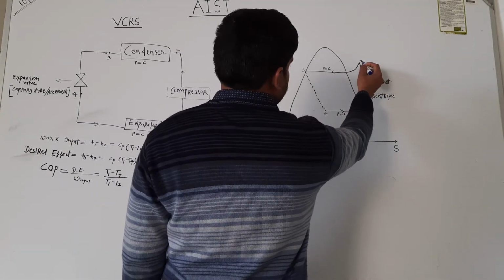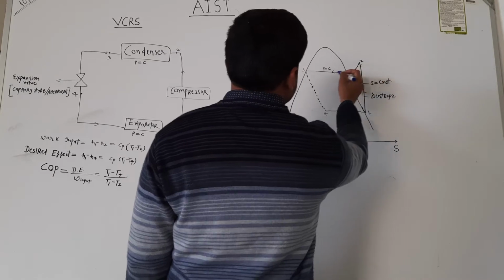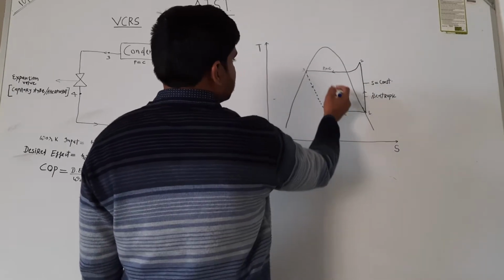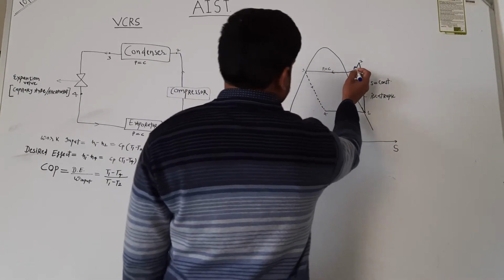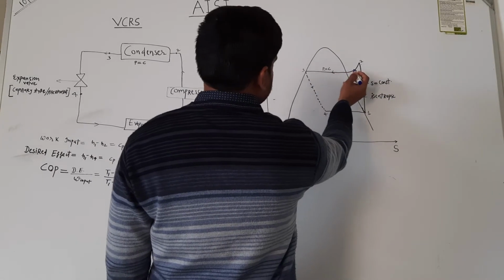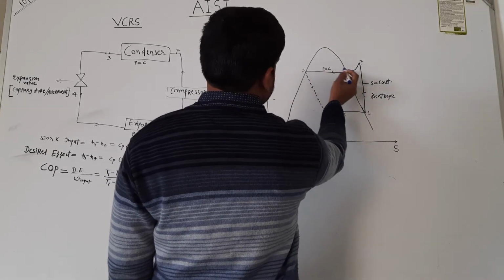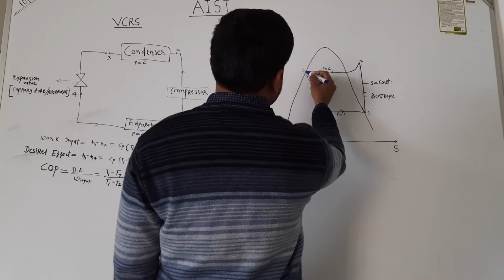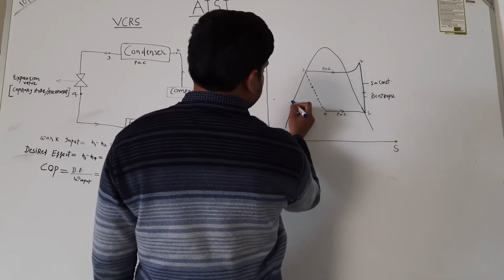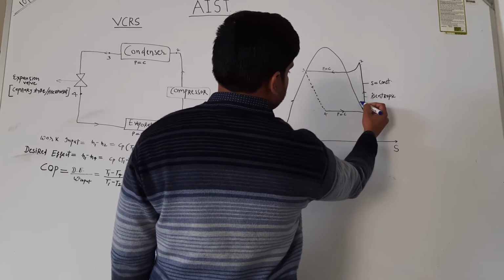And after compression up to the point 2, it goes into the condenser, and the vapor is condensed up to the point where the vapor is converted into the saturated liquid state. This is the saturated liquid line.